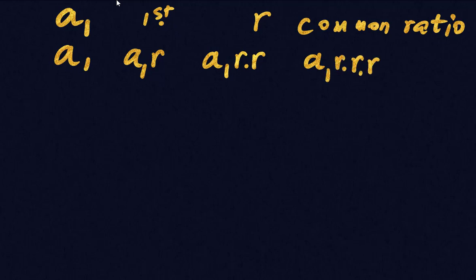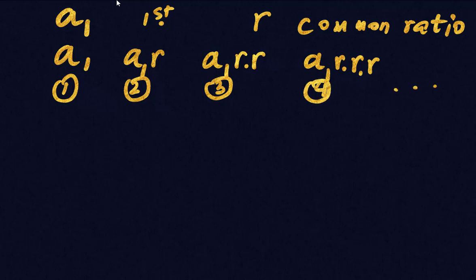So each term is equal to the previous term times the common ratio. So if you see these terms, this is how they are presented.